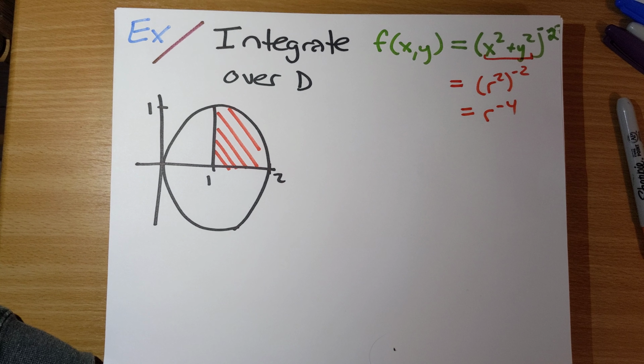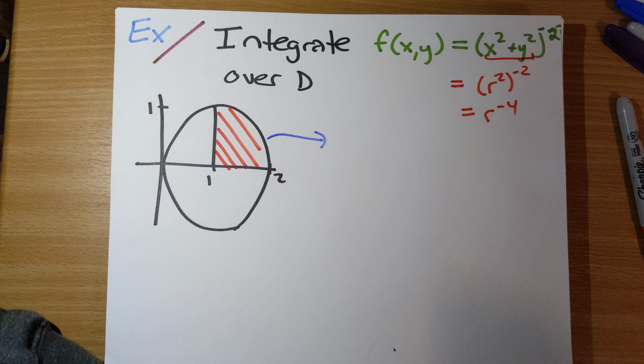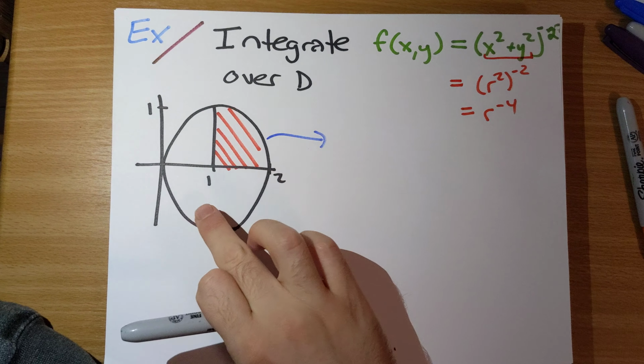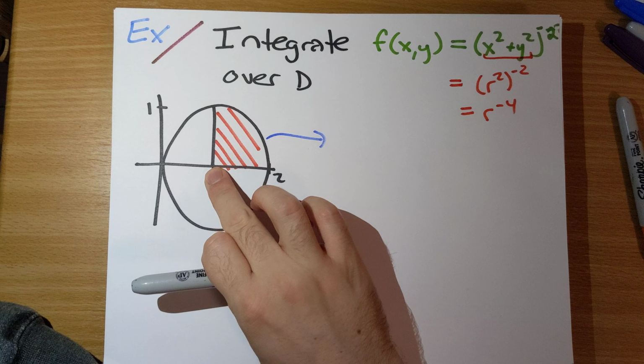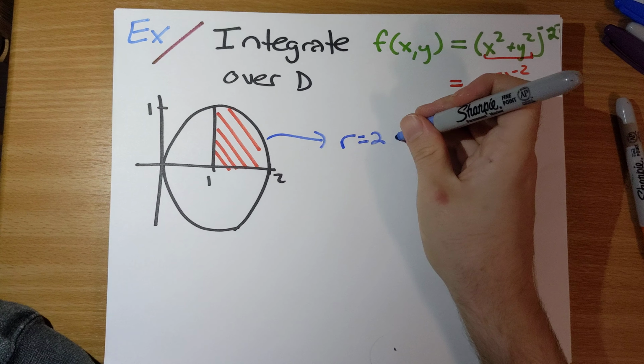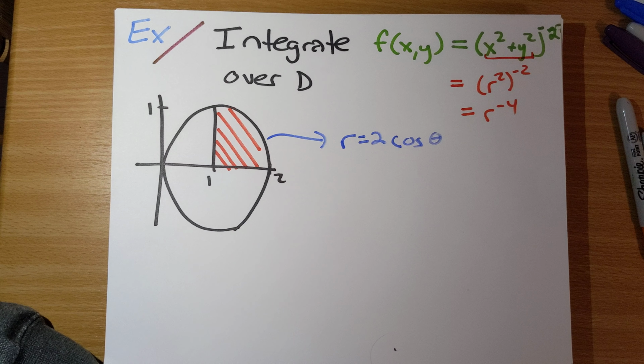Describing this region right here, a couple of things. I think this was discussed in a previous section, but if you go all the way back to Calculus 2 and polar coordinates, this circle of radius 1 centered at the point (1, 0) has equation r equals 2 cosine theta.